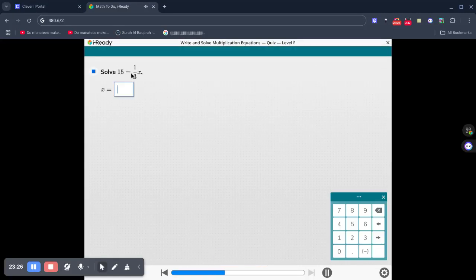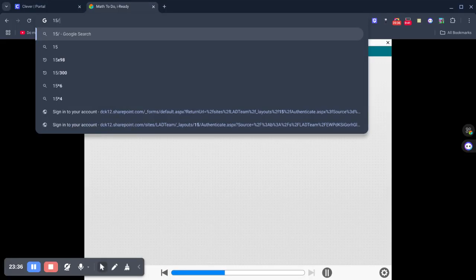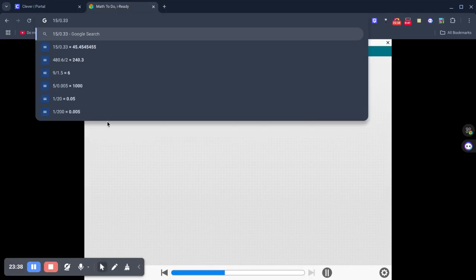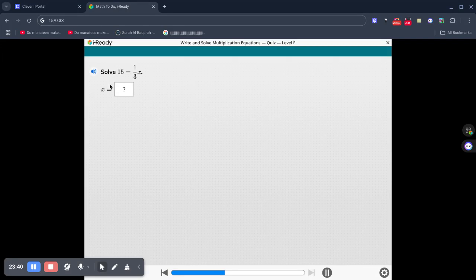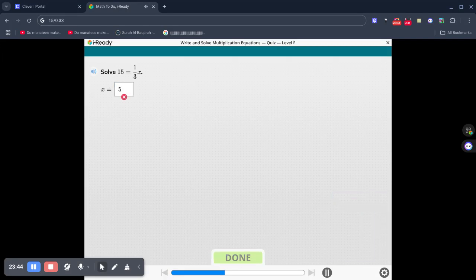Solve 15 equals 1/3 x. Multiply both sides by 3 to get x by itself. X equals 45.